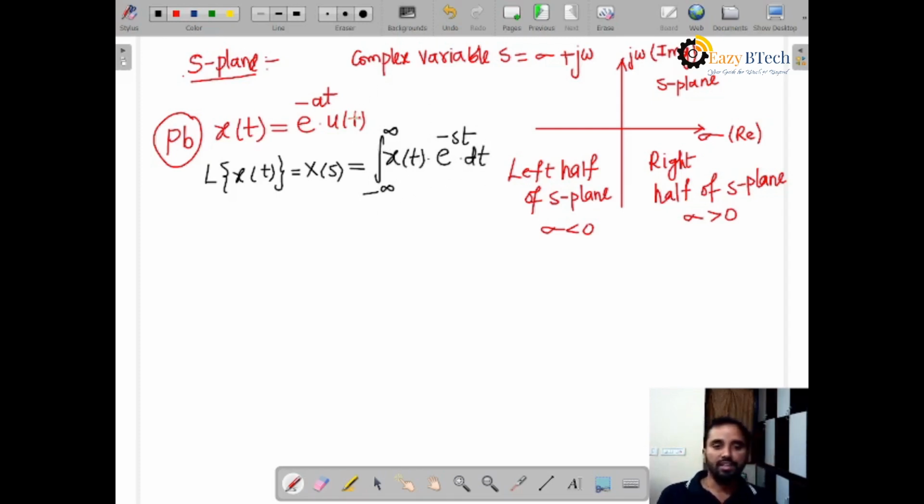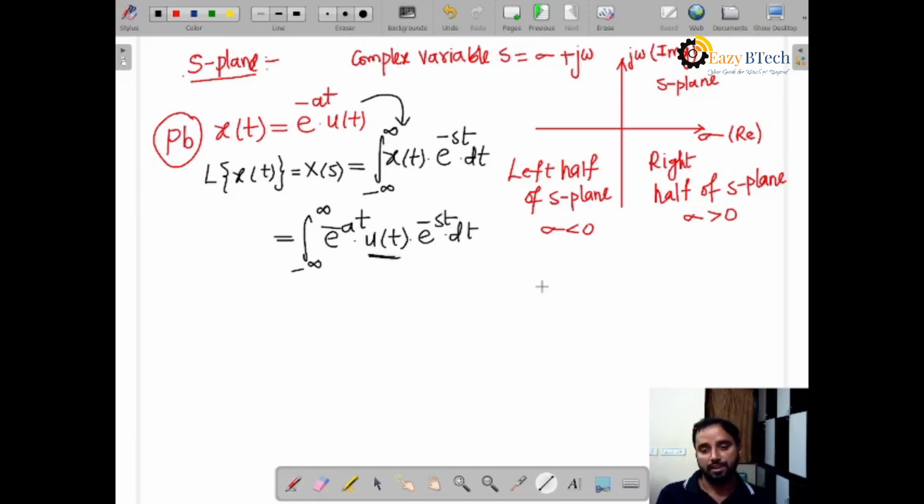So for the given signal x of t, we take the integral from minus infinity to plus infinity of e to the power minus a t u of t into e to the power minus st dt. Here u of t is the unit step signal, which is available from 0 to infinity. I am plotting u of t here.